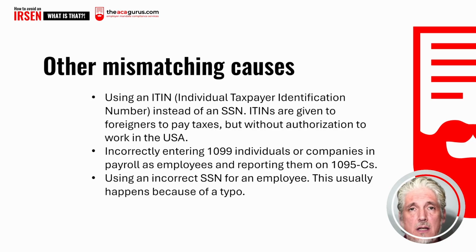Another thing is that sometimes, older systems, when you enter fewer digits, for example the Social Security number has 9 digits and you enter 8 digits, the system will automatically put a leading 0 on it. So of course that's not going to match either, and you'll need to figure out what happened.